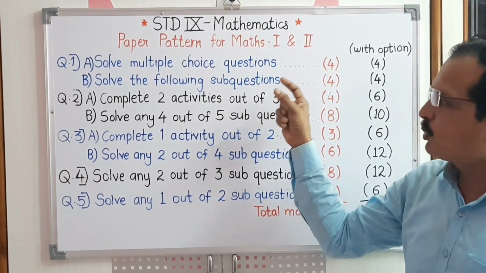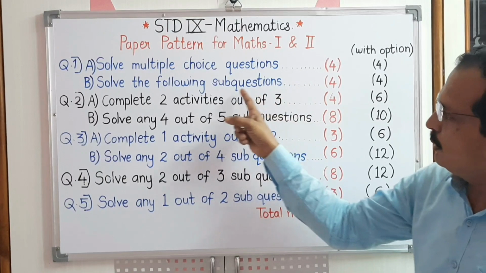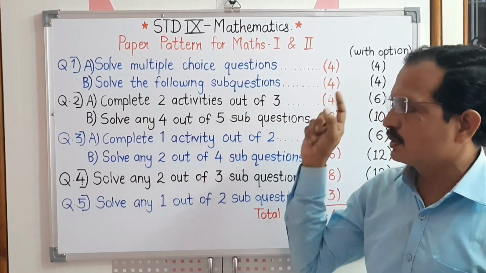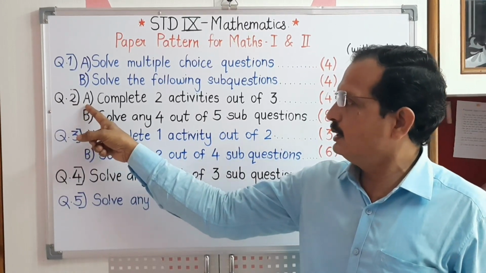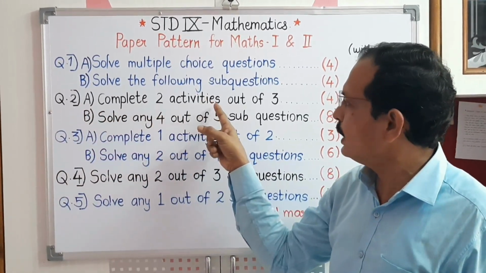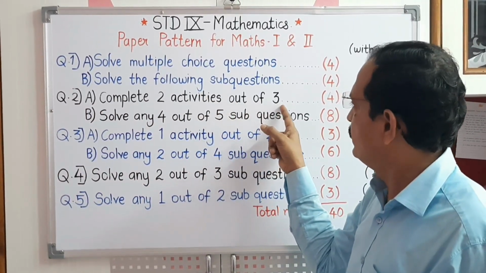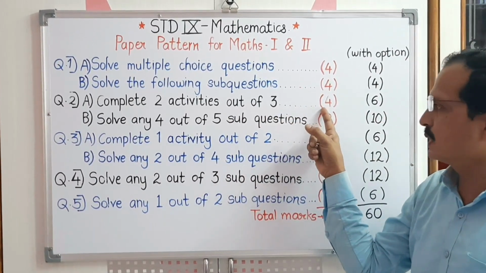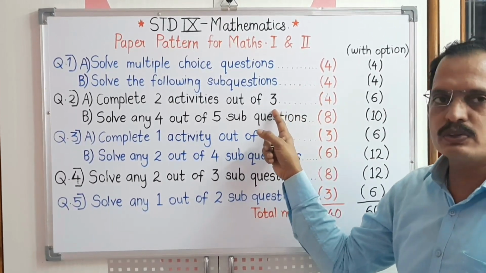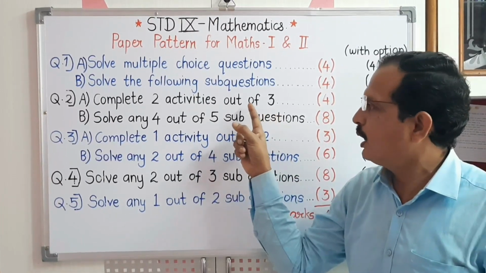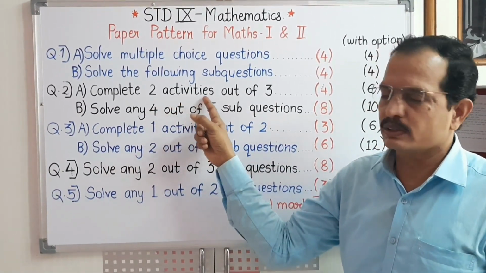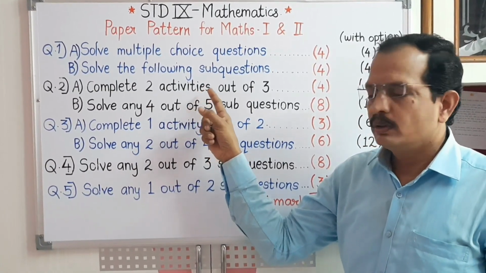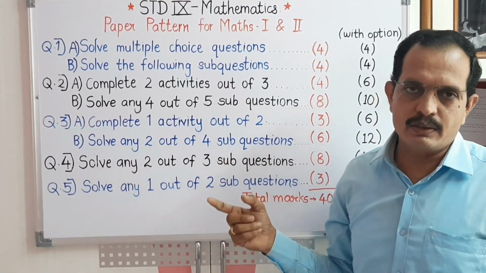Simple examples from the books are in this question. Then the second question A is there. Complete 2 activities out of 3 and it carries 4 marks. 3 sub questions will be given and out of these 3 sub questions we have to solve 2. In the book various activities are given.